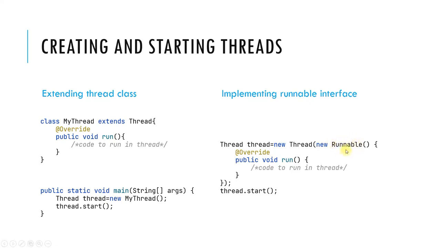We can implement this interface or use it as an anonymous class, and implement its run method to write code to run in a different thread.